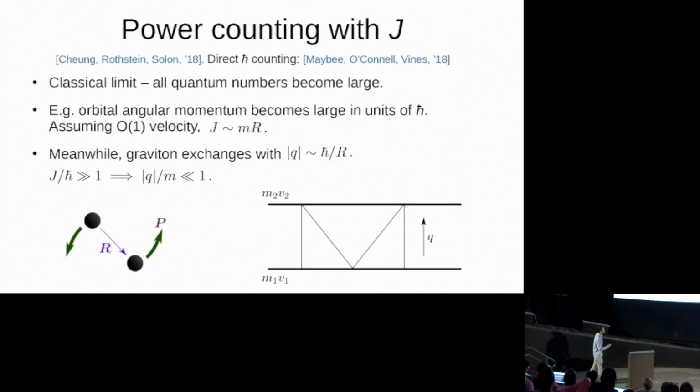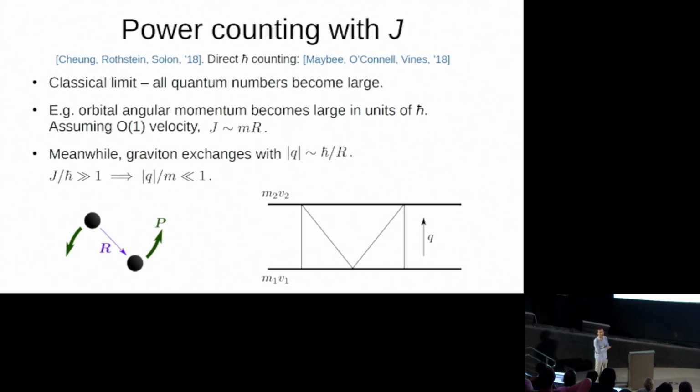So before I dive into the integrals in abstract, I have one last slide directly connected to physics, which is how you do the classical power counting. There are many methods which are completely equivalent and equally good. The most intuitive one would be directly counting h-bar. However, one of the ones I found to be natural is this counting with quantum numbers.